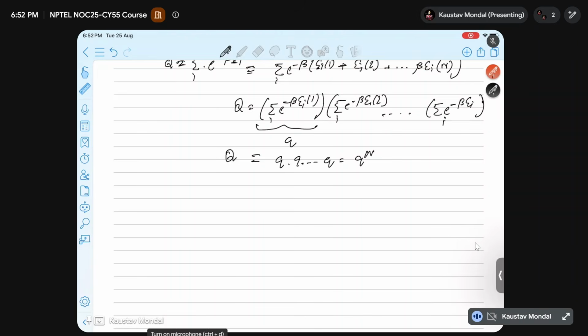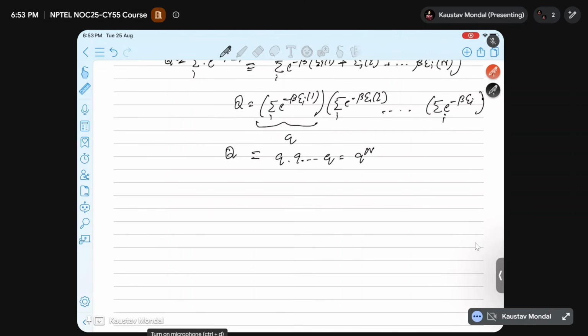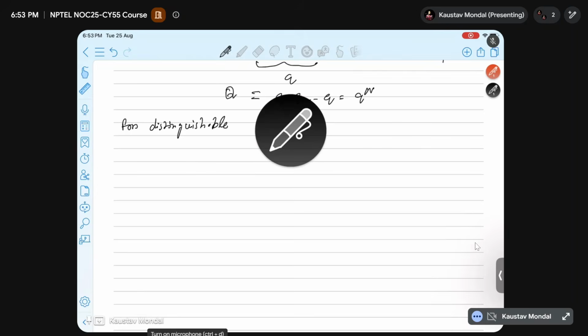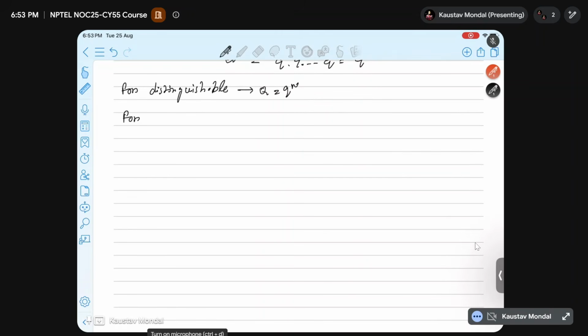You can basically distinguish each of the particles, whether by some marker or something from which you can identify which particle is which. For indistinguishable particles, Q is equal to q to the power n divided by n factorial.